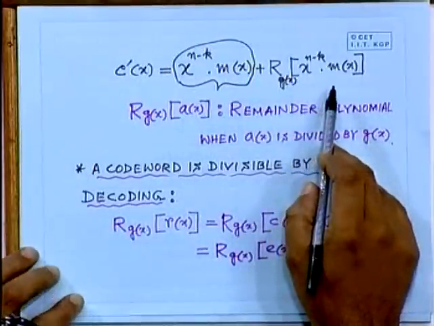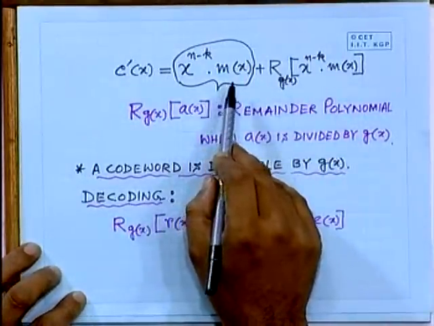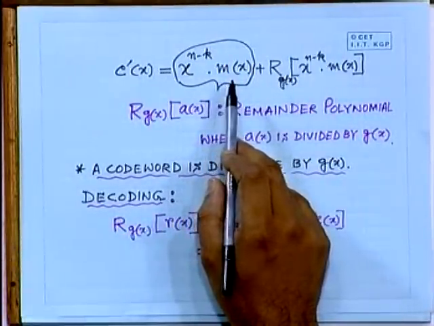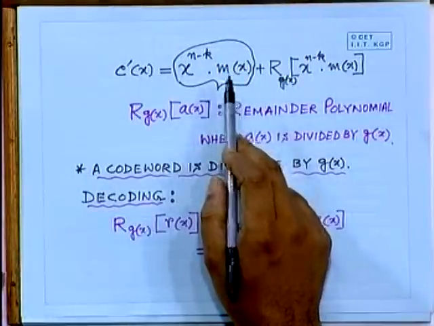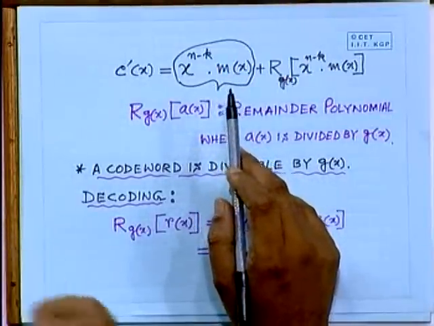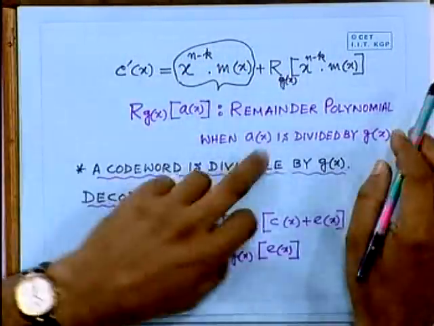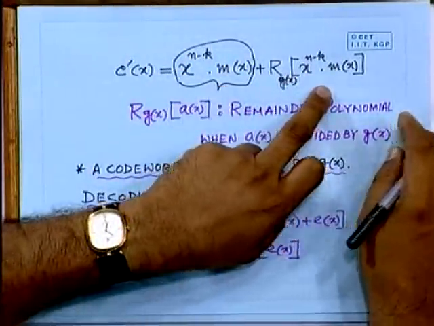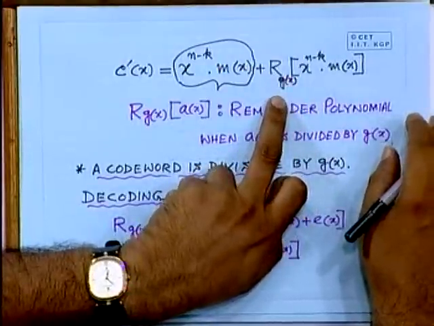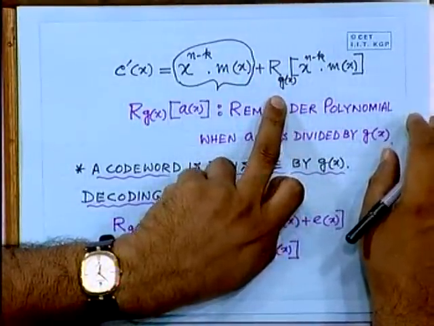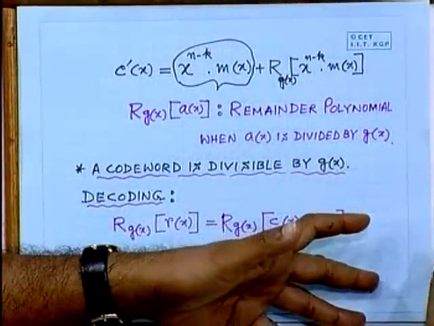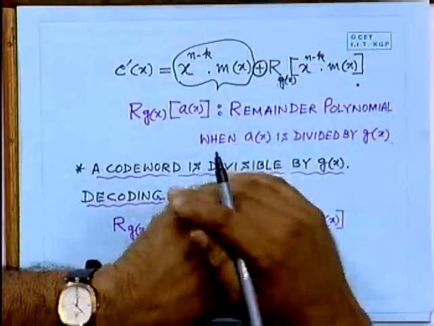Then what I have done? If my mx was given to me in the polynomial form, now the index of x will increase by n minus k. Is it not? That's the only change. Now I am dividing that shifted version of mx by the generator polynomial gx, and after division I may get some remainder. Whatever is the remainder, I am calling that the second term. This plus here incidentally is the XOR operation.